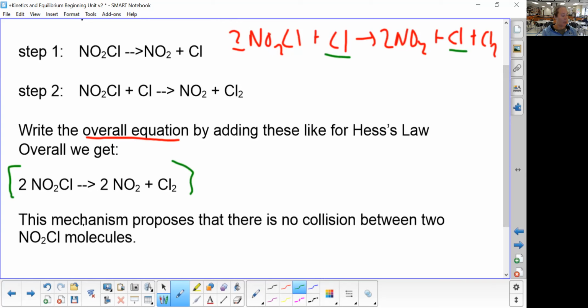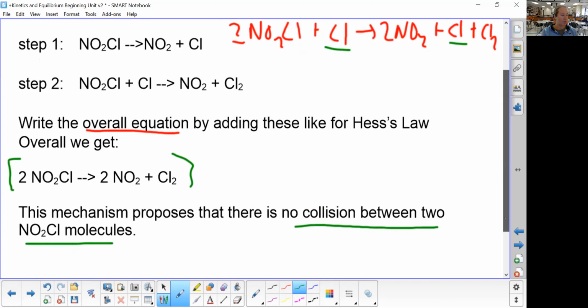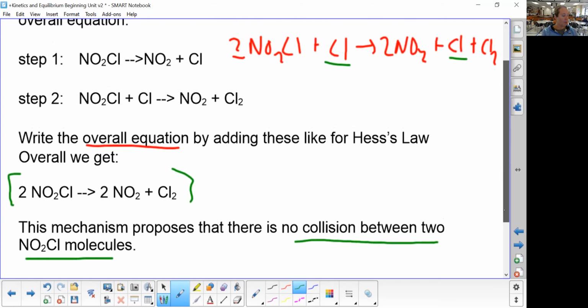But actually, the mechanism proposes that there's no collision between the NO2Cl molecules in making the NO2. And so the rate law would not be NO2Cl squared, because that's not what is happening behind the scenes.